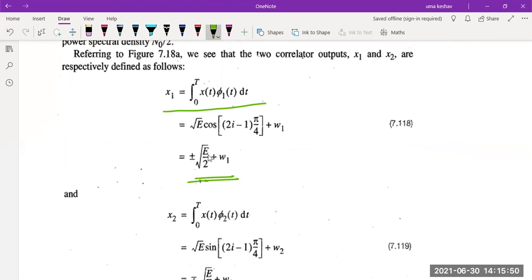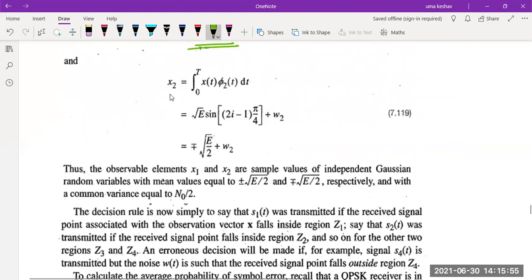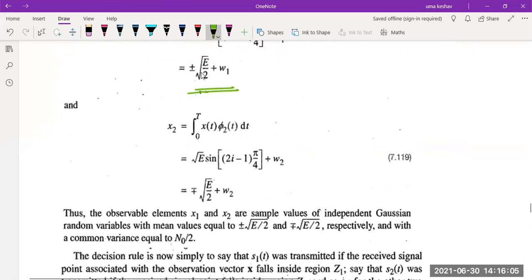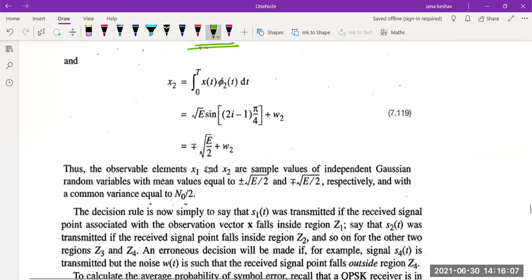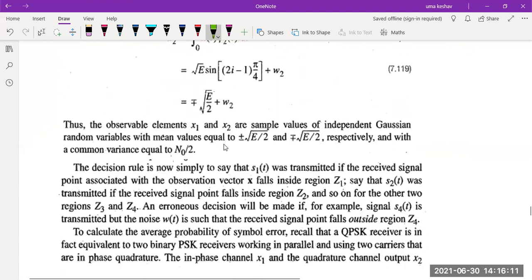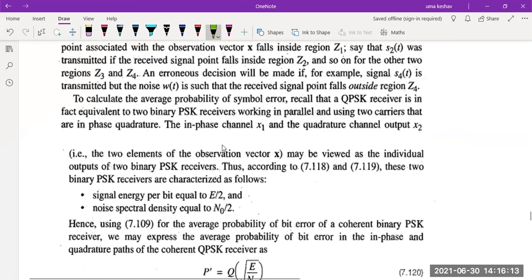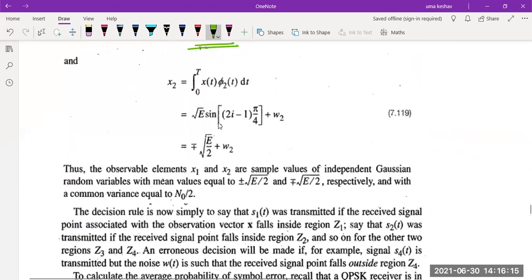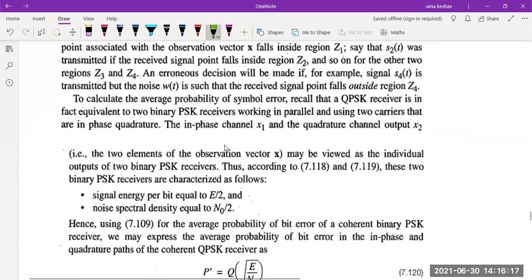Plus or minus root E by 2 plus W1, this will reduce to that. And the second output is also x(t) multiplied with phi2 integrated over the time 0 to T. This will result in minus or plus root E by 2 plus W2. This is plus or minus, this is minus or plus. And this W1 and W2 are noise terms with variance N0 by 2 usually.